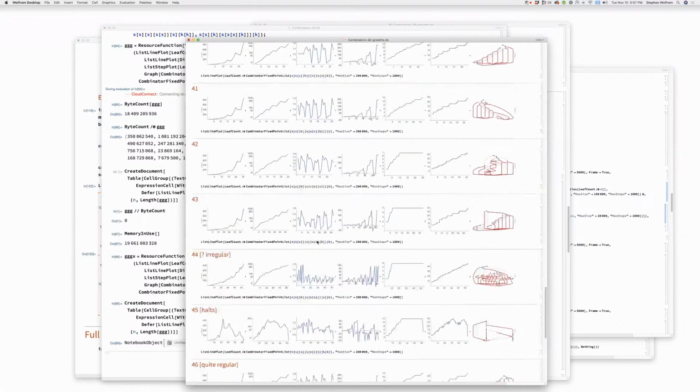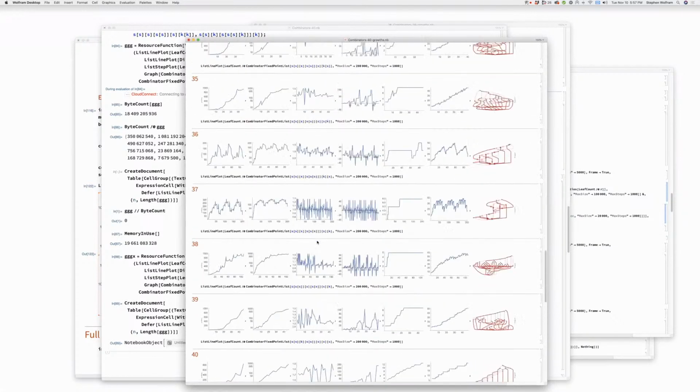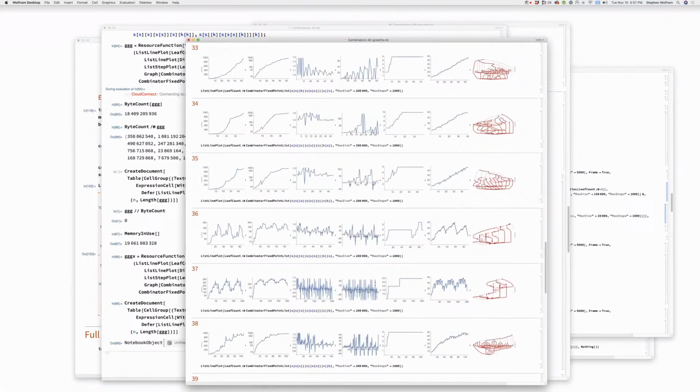Well, okay, so let's keep going because I want to figure out which ones show kind of real randomness. Okay, look at this one. That's interesting. Look at that. Oh, that one is a terminating one. I recognize it. So is that one.